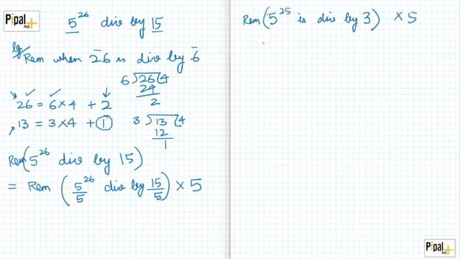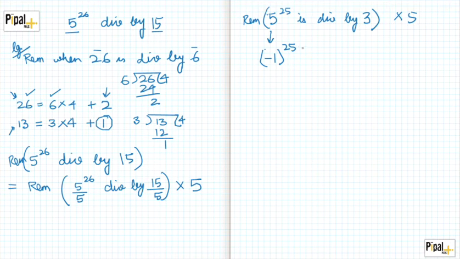Now let's divide 5 to the power 25 by 3. 5 would leave a remainder of minus 1 when divided by 3, because 3 times 2 is 6, so when 6 divides 5, the remainder is minus 1. So this leaves a remainder of minus 1 to the power 25 when divided by 3.